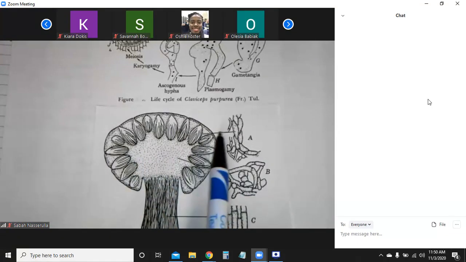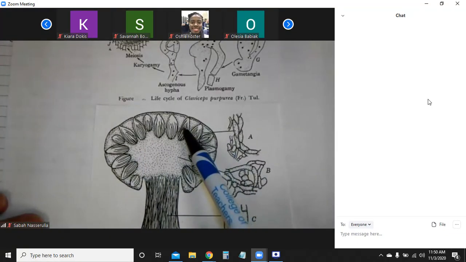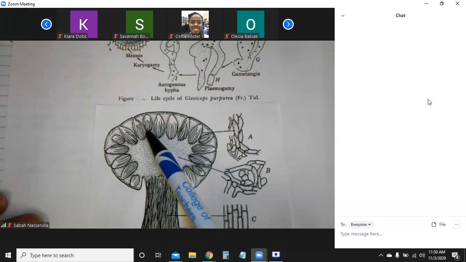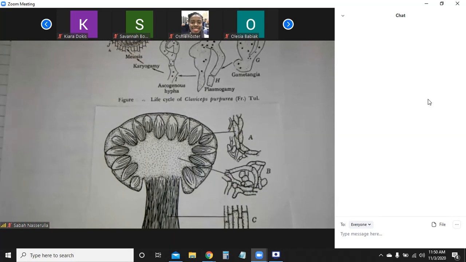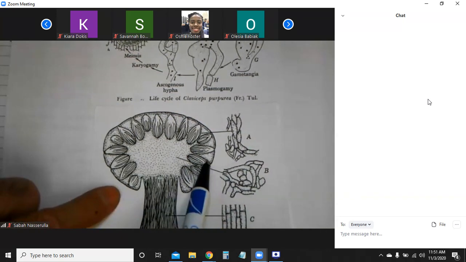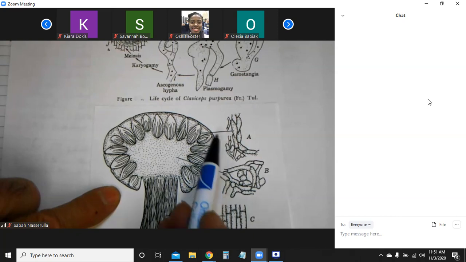If we focus on this stroma, each one of these is a perithecium. You follow that? After the unification between two strains, sexual reproduction, and meiosis, it produces that kind of perithecia, which also has an opening here.